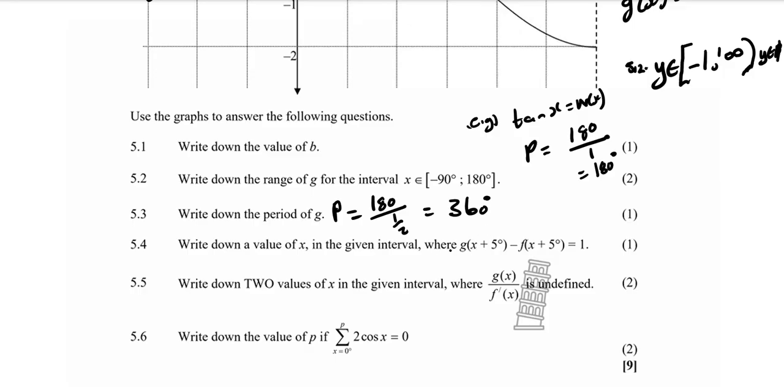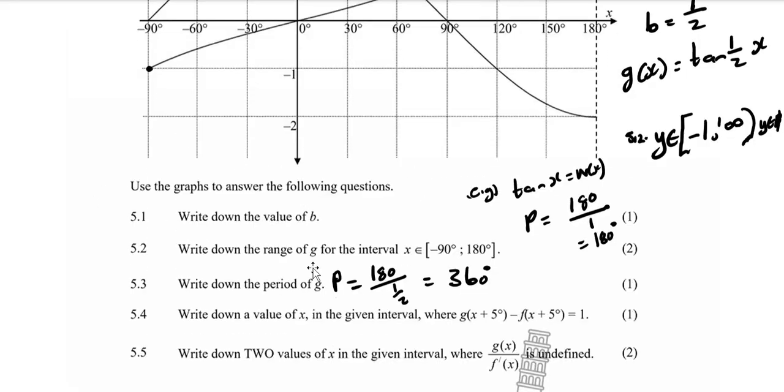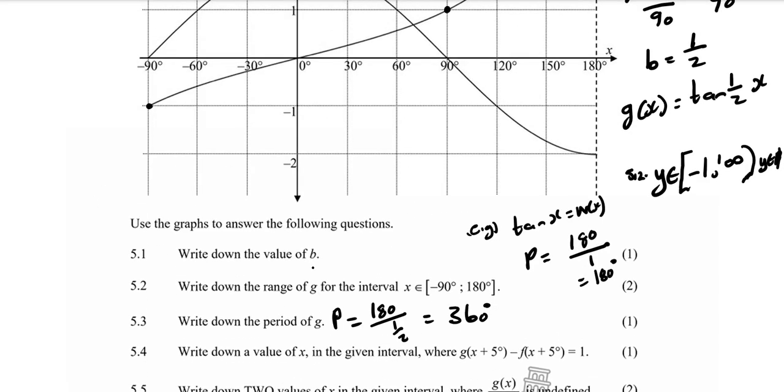Do you get me? So let's do this. Just come here and write g of x minus f of x is equal to 1. Do you get me? This is our original equation before shifting.